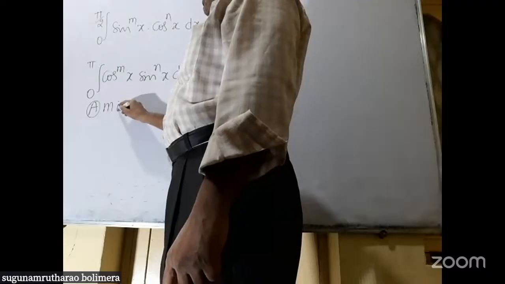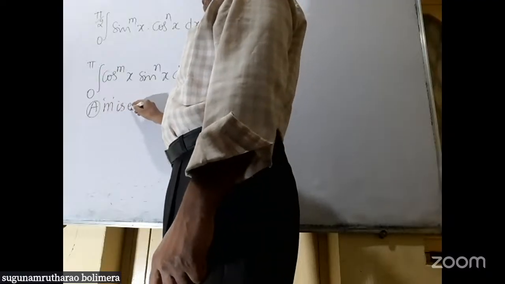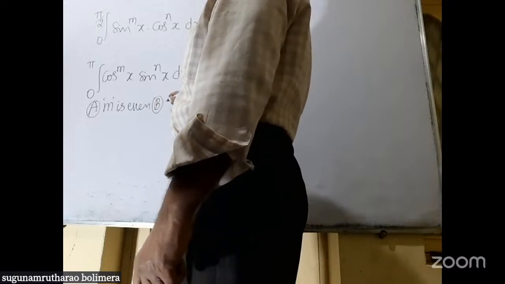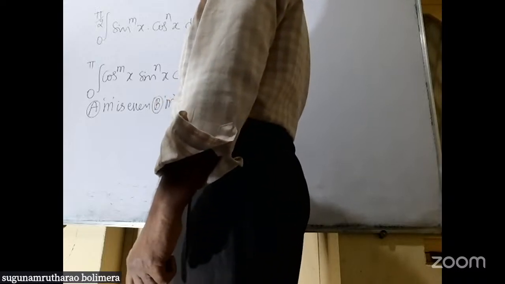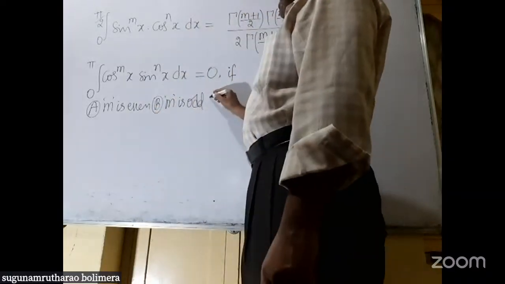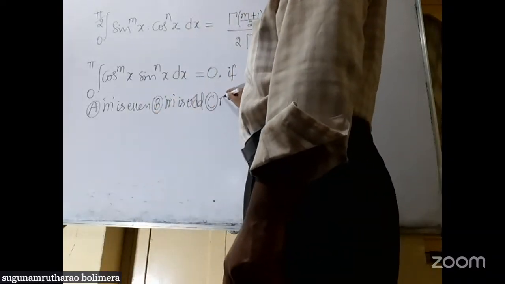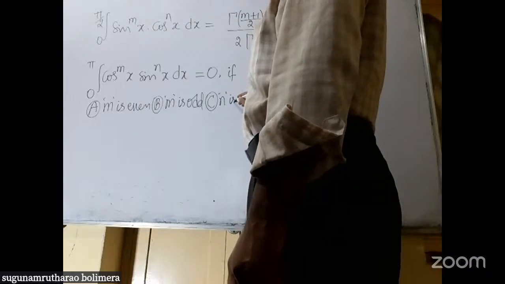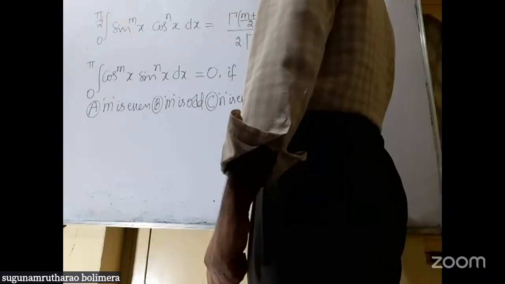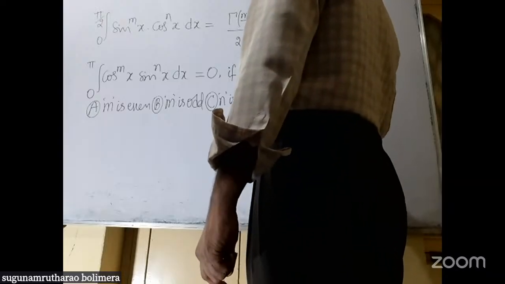Option A, m is even. Option B, m is odd. Option C, m is even. Option D, m is odd.